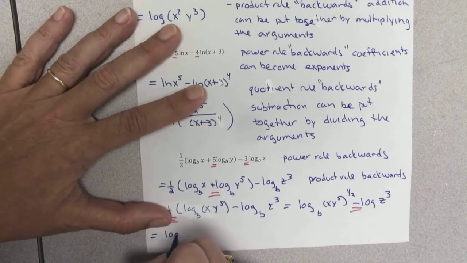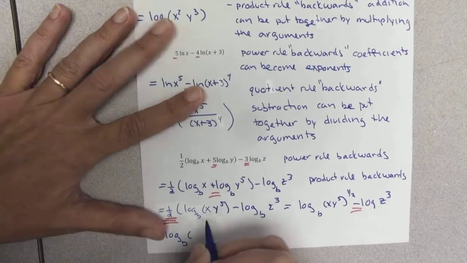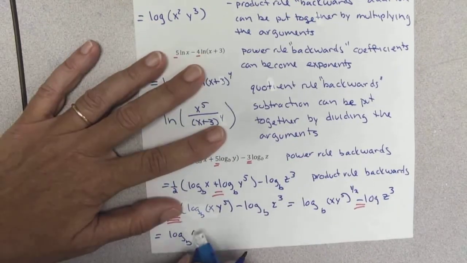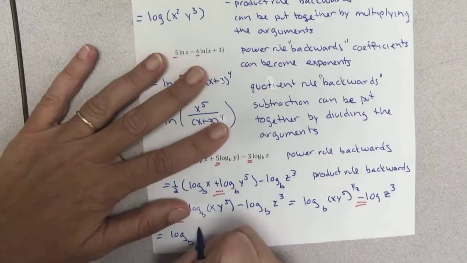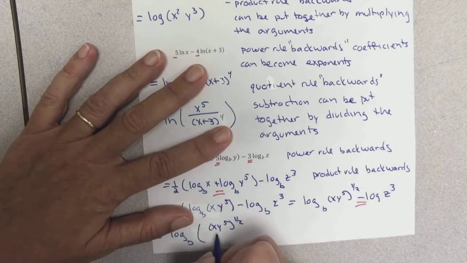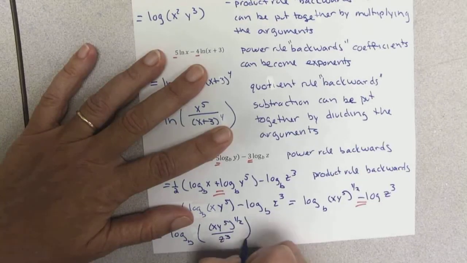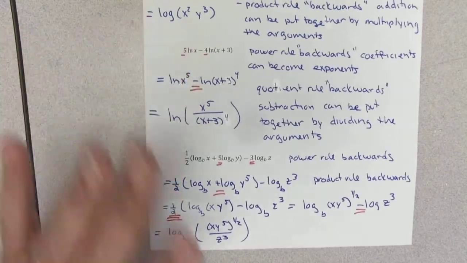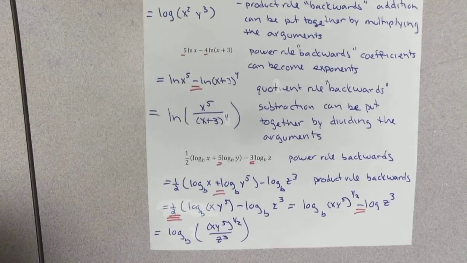So this becomes log base b of xy to the 5th to the 1/2 over z cubed. And there you've done the problem, but I am willing to bet that if you type in that answer, the computer's going to mark it wrong. And here would be a perfect example of something the computer might mark wrong that I feel is just perfectly fine.